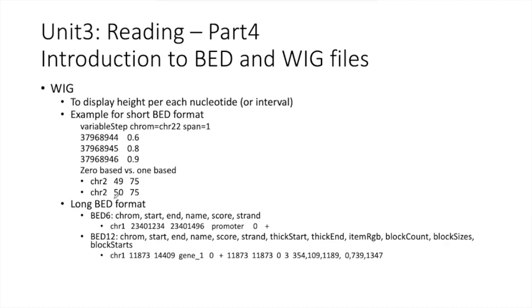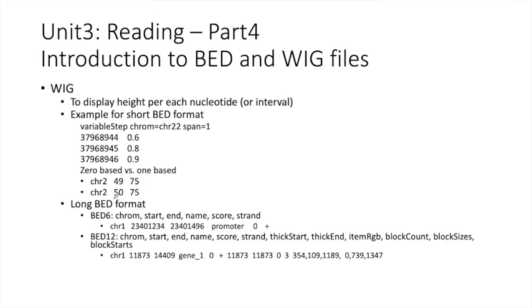So sometimes when you do bioinformatics, you might actually want to draw something like this. But the bed file is not appropriate for that. Then wiggle file, wig file, is appropriate. It's very simple. Position and height.